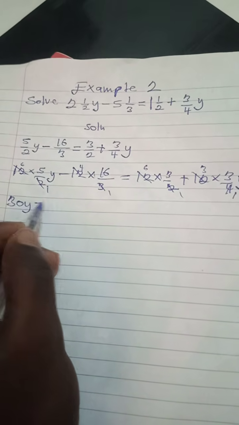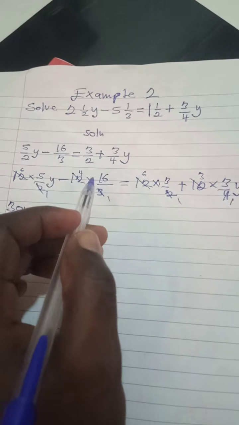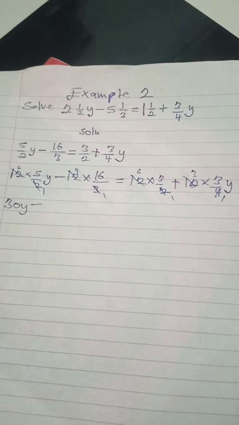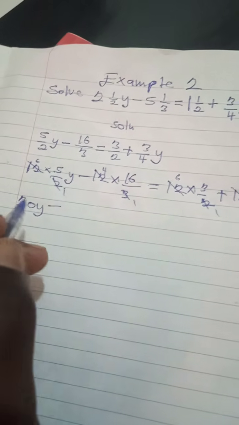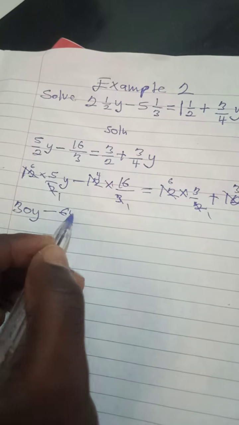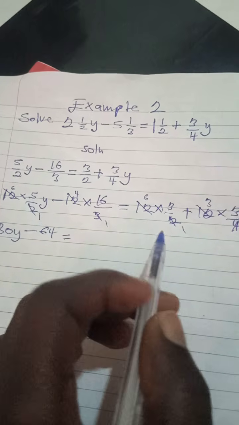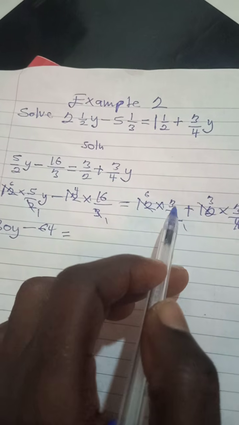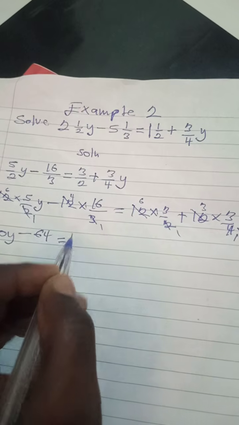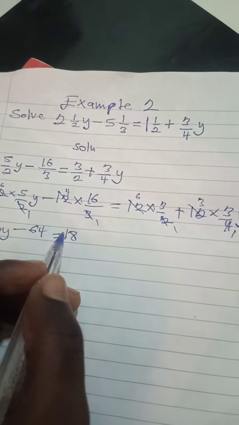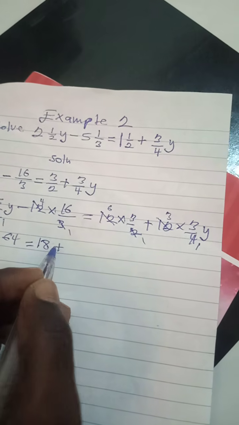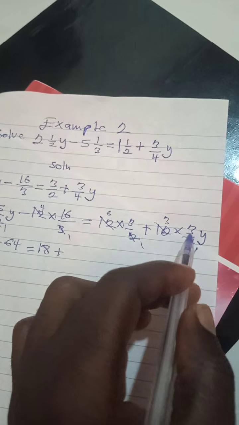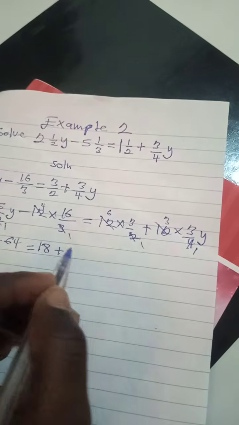30y minus 4 times 16, which is 64, equal to 6 times 3, which is 18, plus 3 times 3y, in which you get 9y.